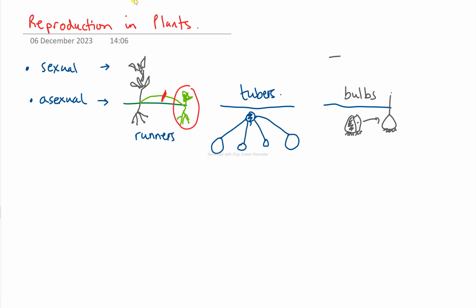The third way that you'll see asexual reproduction is, just say for example you've got a plant.